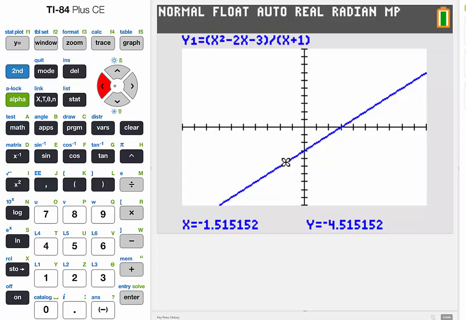We just had -1.5, then we got about -1.4, -1.2, -1.06. Those are my x values. And if we repeat that and look at the y values while we're doing that, we get -4.5, -4.4, -4.2, -4.06. So it looks like we're getting closer and closer to -4.